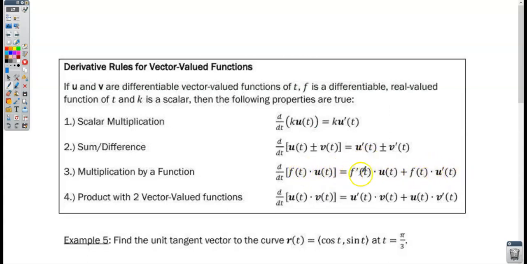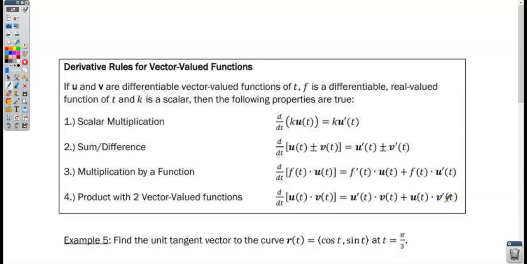Here we've got a real-valued function times a vector, and a real-valued function times a vector, both of which result in vector-valued functions. We add those together, and the result is again a vector-valued function. And then here we've got the products of multiple vector-valued functions.